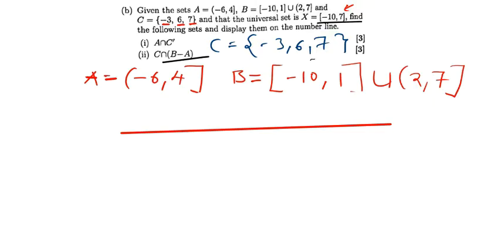So our B is from negative 10 up to 1, and then let's say 0 is there. And then we also have it from 2 up to 7.